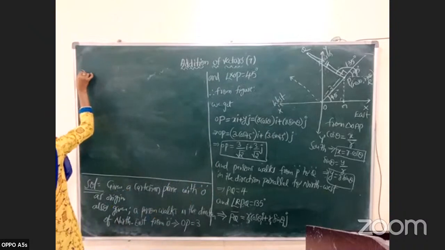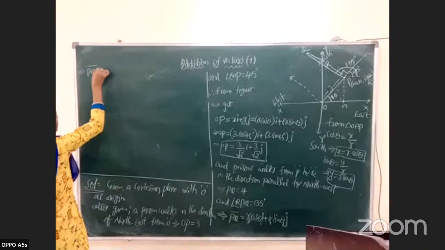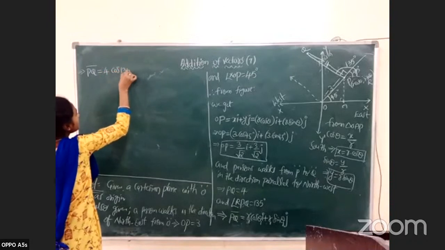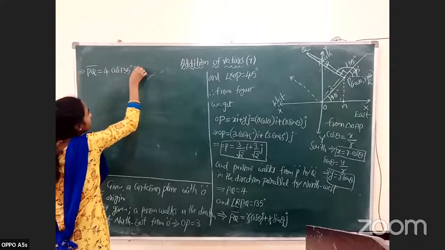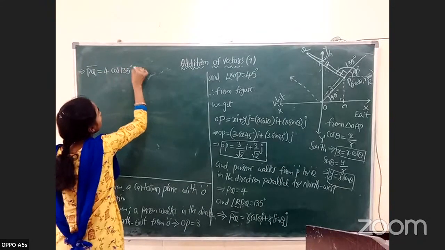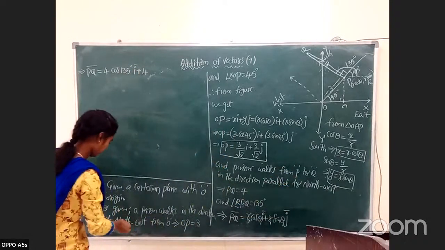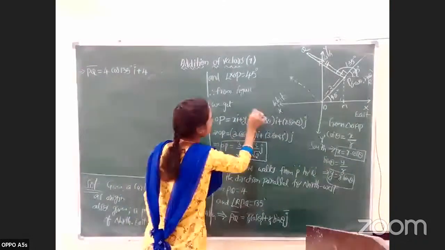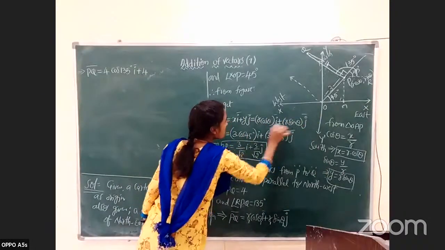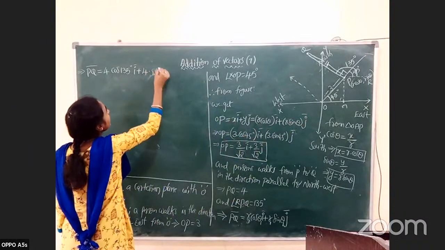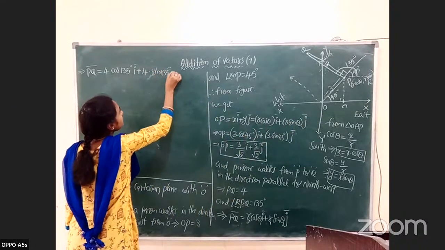So that implies the vector PQ is equal to 4 cos 135 degrees i plus 4 sin 135 degrees j.